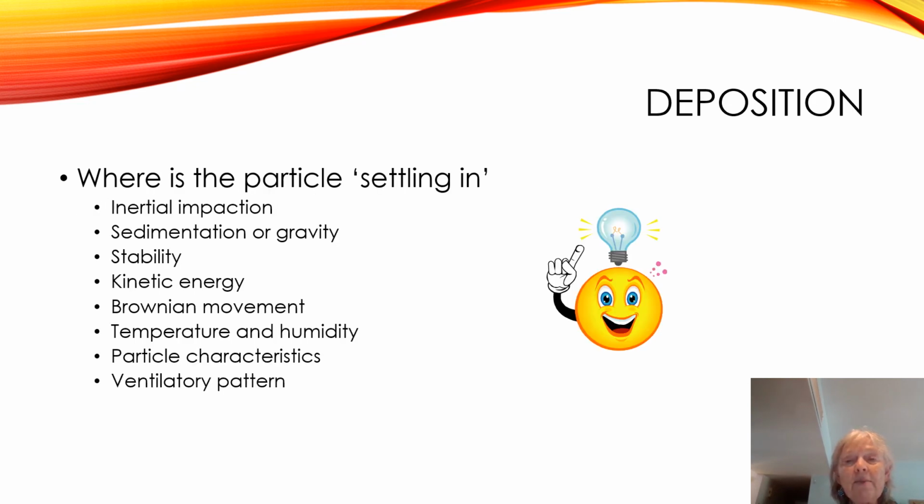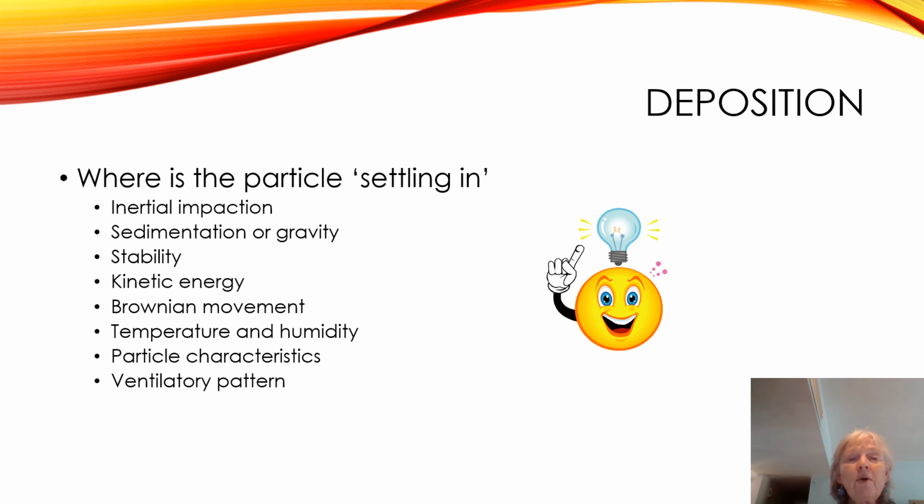So we look at deposition: how deep does it travel and where does it settle in? There are some different things that affect it. One is inertial impaction, and I have a couple of slides coming up. Inertial impaction basically means this: the aerosol will deposit on the back of the throat.